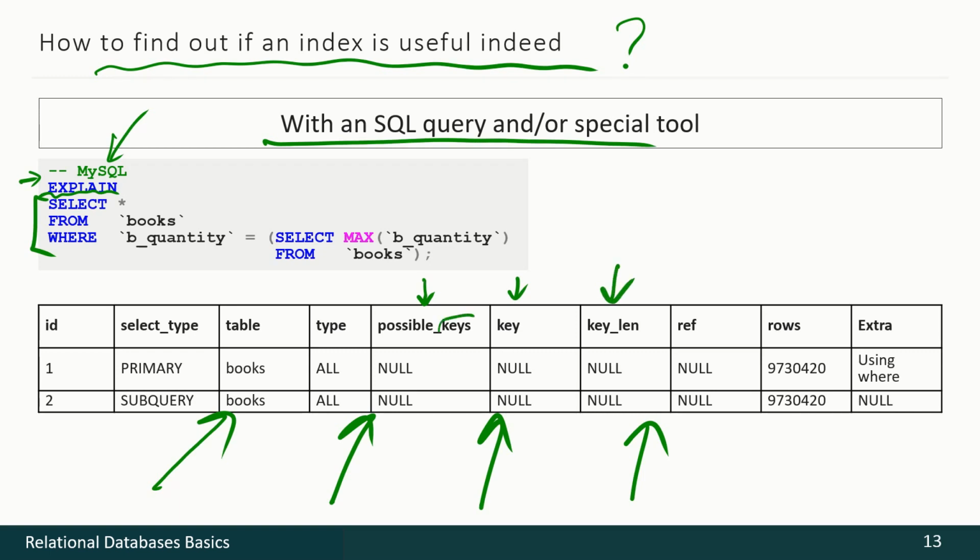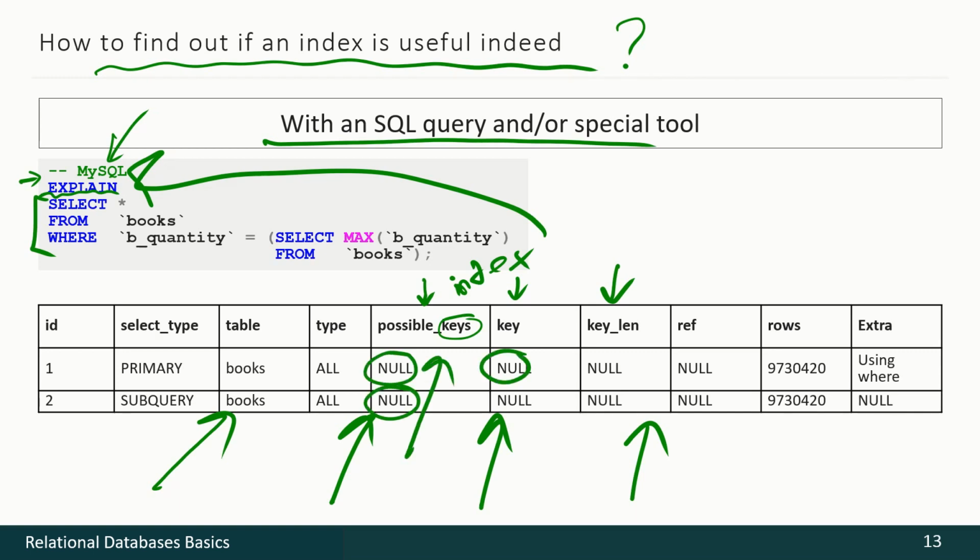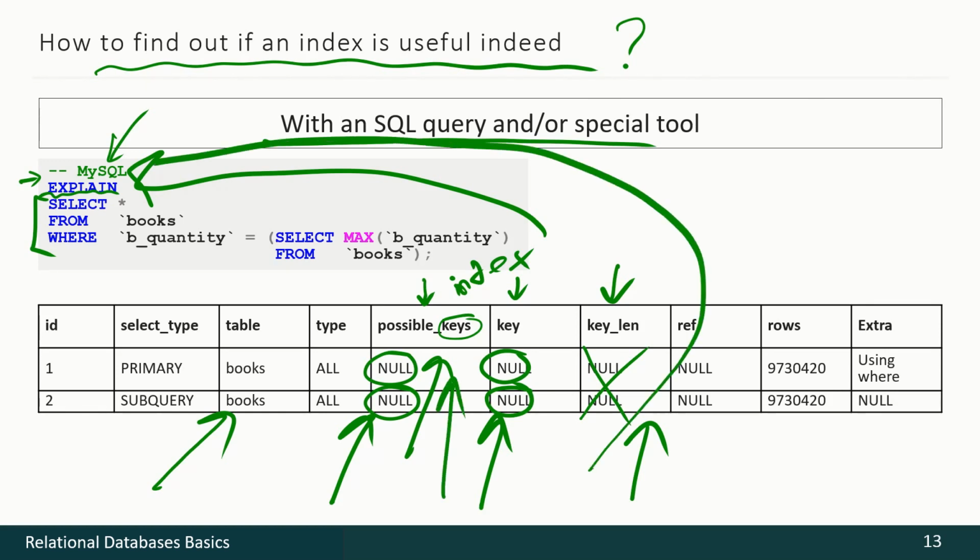Don't be confused, because key and index are synonyms for MySQL. We can see that here no keys are possible, so no indexes were used, with no length at all. But if there were some indexes or in some other situation, we would see something useful here. Please refer to the official documentation of MySQL and any other DBMS.